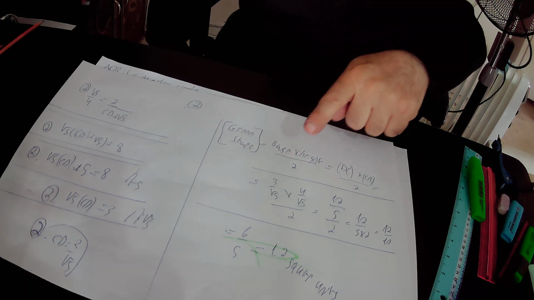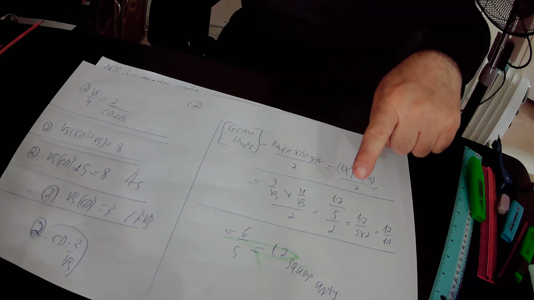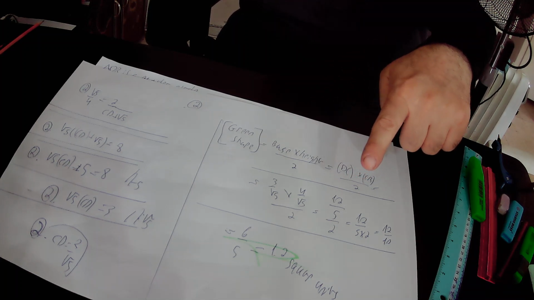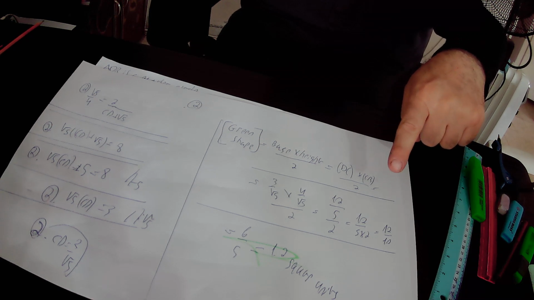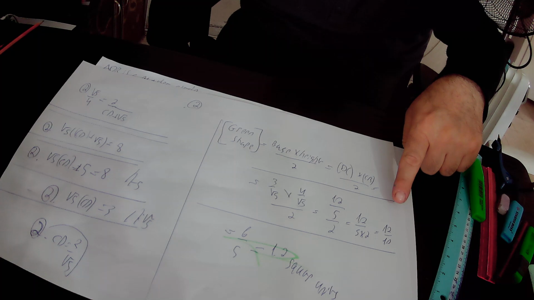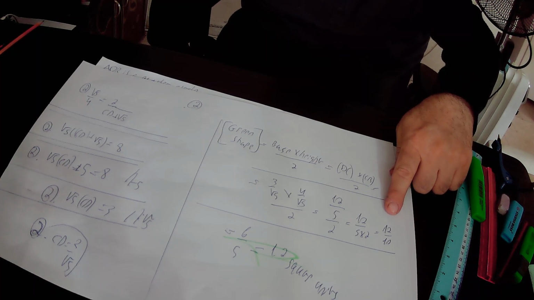The value of this expression equals 3 times 4 is 12, over square root of 5 times square root of 5 is 5, divided by 2. 12 over 5 over 2 is 12 over 5 times 2, so it is 12 over 10. We divide both the numerator and the denominator by 2. 12 over 2 is 6, and 10 over 2 is 5.